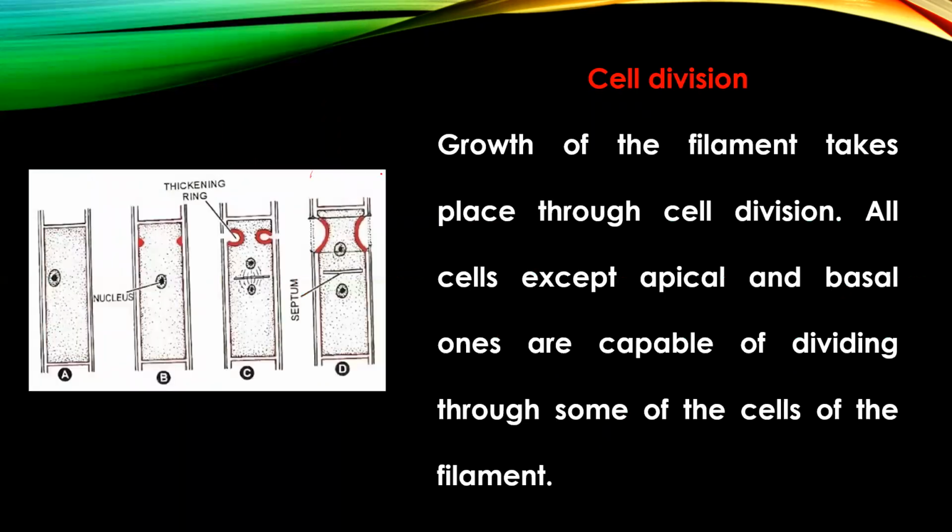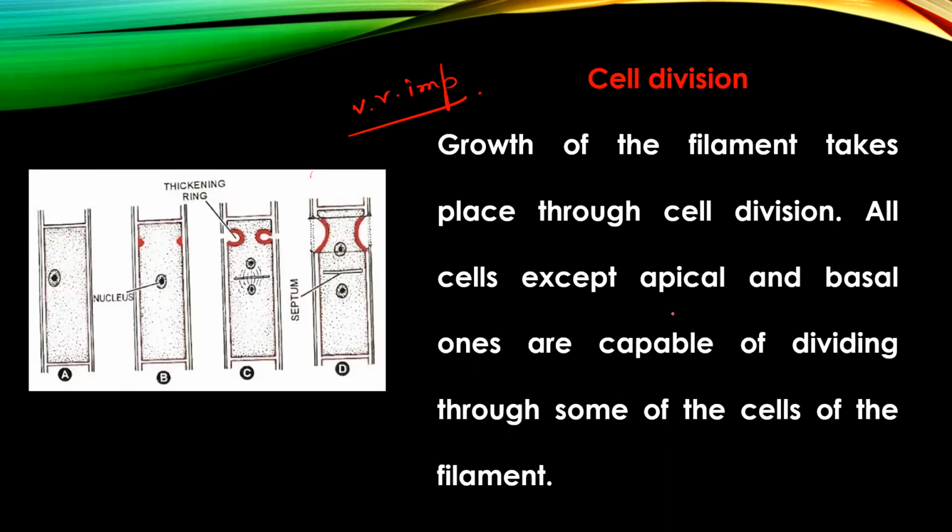Okay. Now coming to the cell division in Oedogonium. This is very, very important. It's a little different from other algal specimens, right? Growth of the filament takes place through cell division. What type of cell division are you expecting here? Mitotic division.